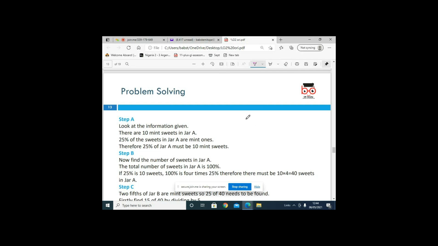So try this one. 70% equals 42. What is now 100%?